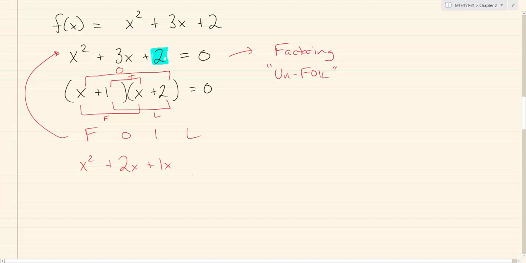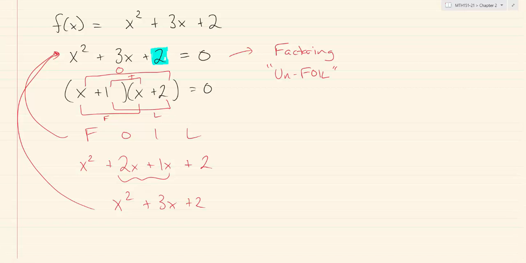And the L is 1 times 2, which is 2. If you've done these enough, you get used to the idea that usually the O and the I are common terms and you can add them together. So you get x squared plus 3x plus 2, which is exactly the same as what we started with. So we know we did it right. You unfoil it, then you refoil it, and you get back where you are. So we're good to go.